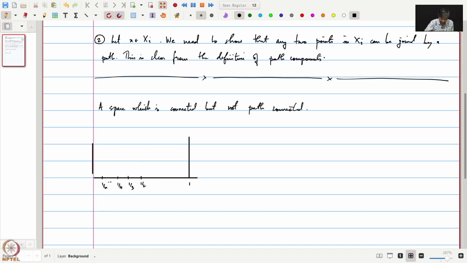So at each of these 1 by n's, we make a straight line of, let us say, length 1.